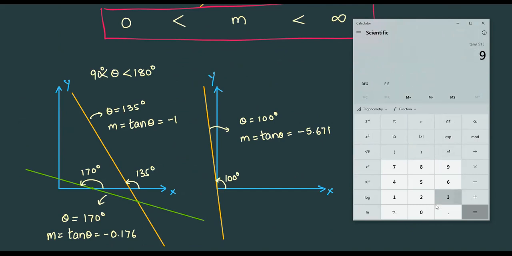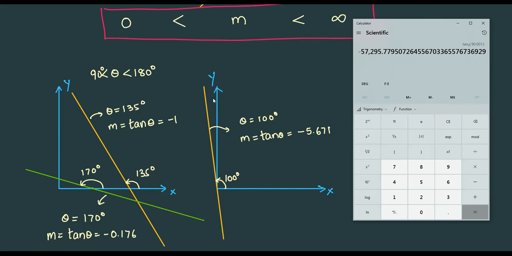Now if I do 90.001, just above 90, it is like minus 57,000. So when the line is inclined like this, the slope value is close to minus infinity.